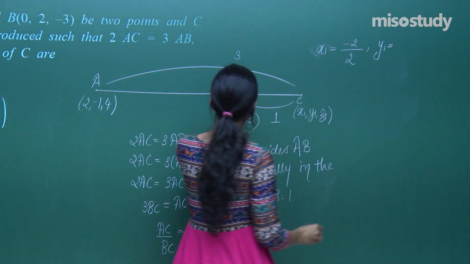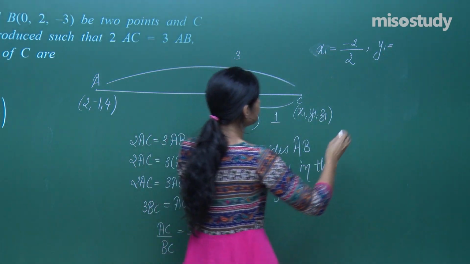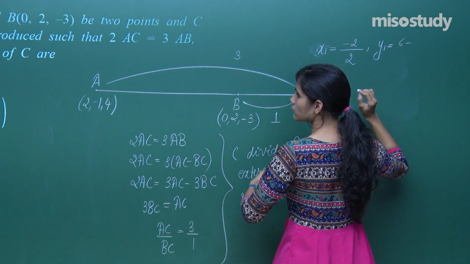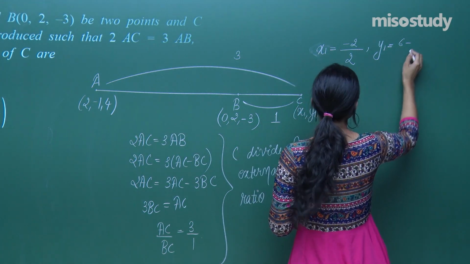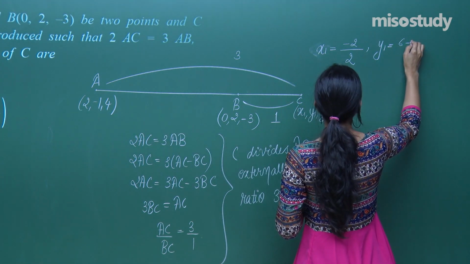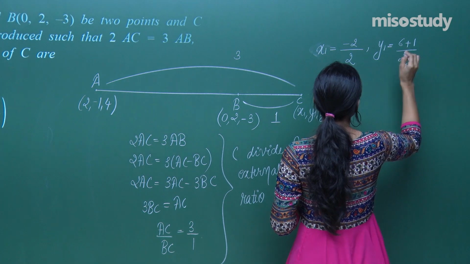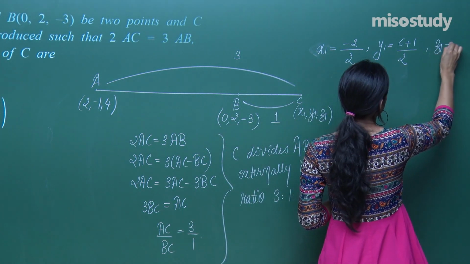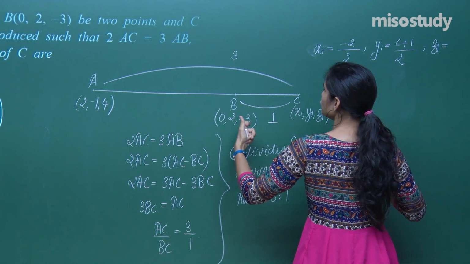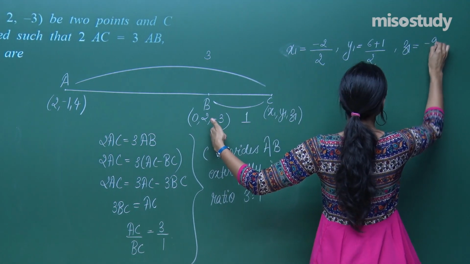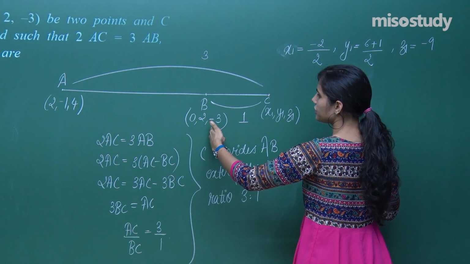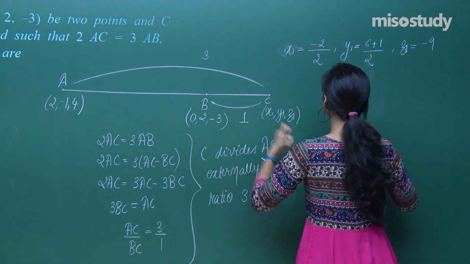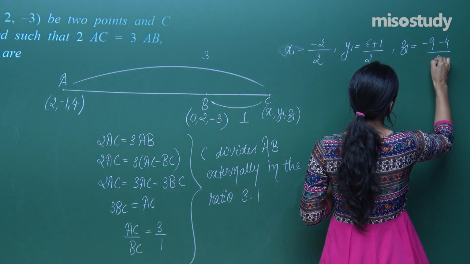Y1 will be 3 into 2 minus 1 into minus 1, upon again 2. And you have Z1 as 3 into minus 3 minus 1 into 4, upon again 2.